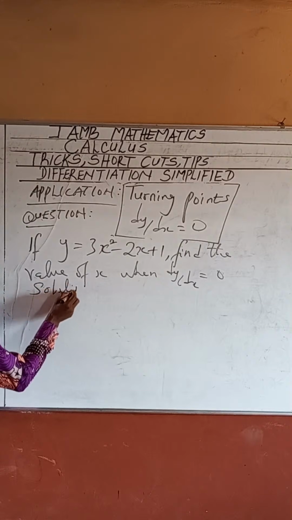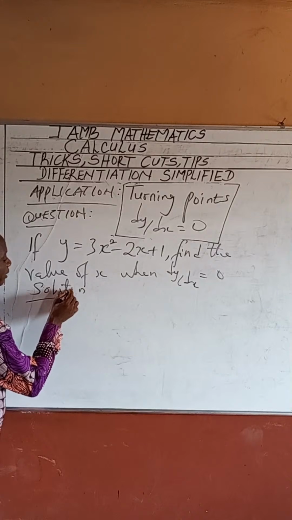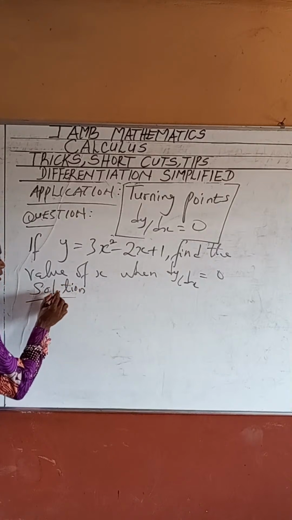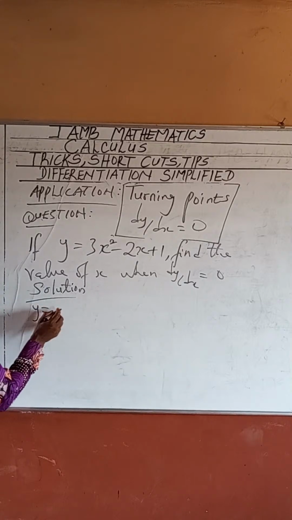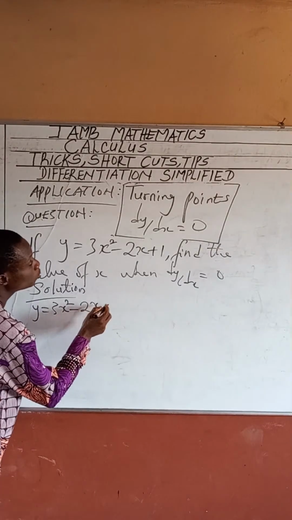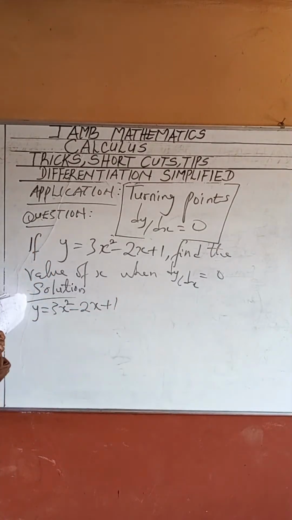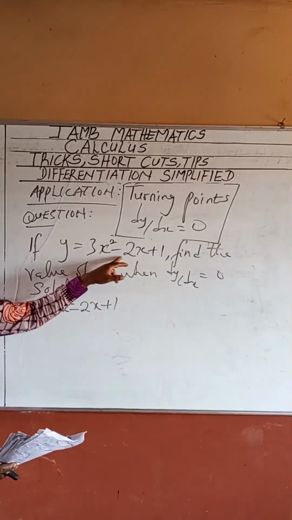Now we are going to do it like we did the first one. Who can help us out here? Who has the solution to this? We are already given y to be equal to 3x squared minus 2x plus 1. We have to find the value of x. In fact, this is a repetition of the first one. They just change things here.